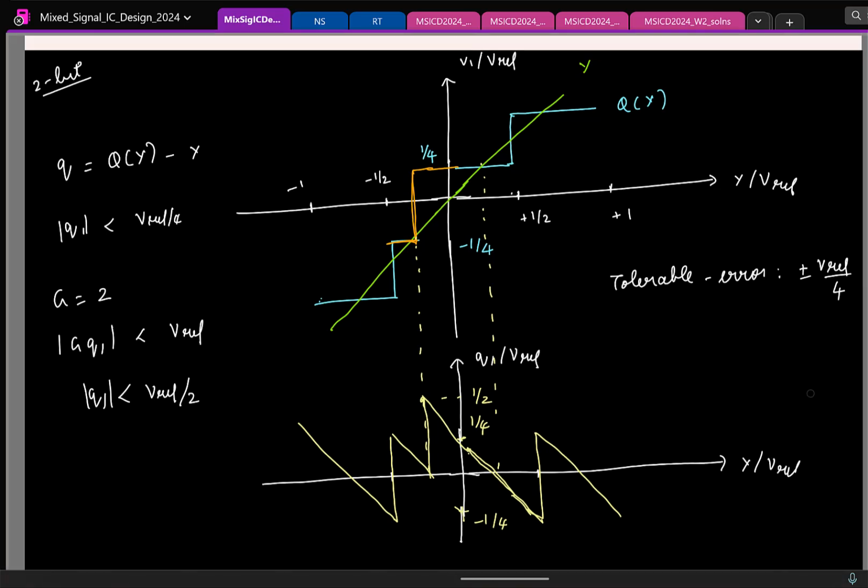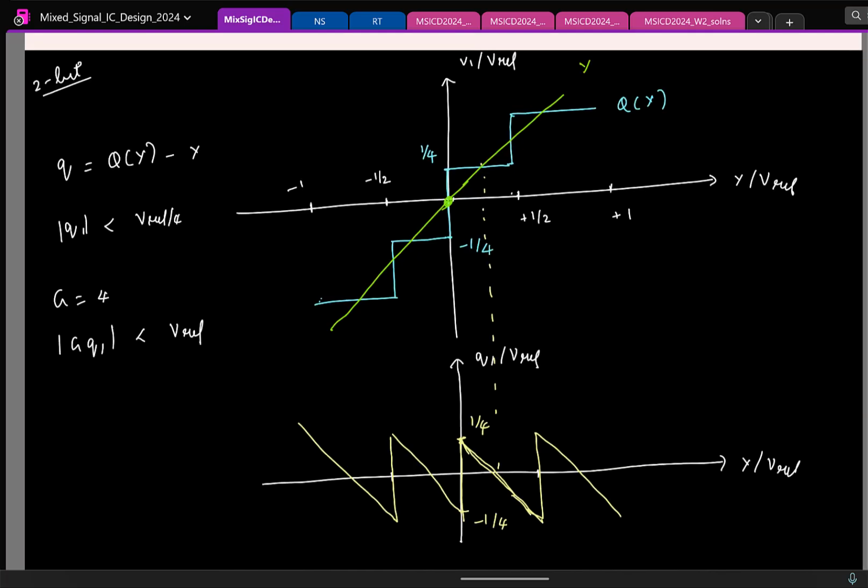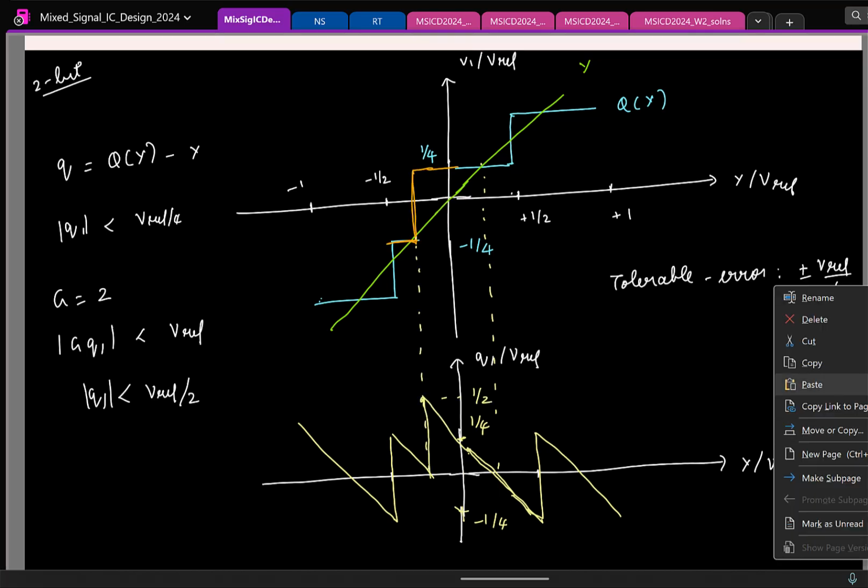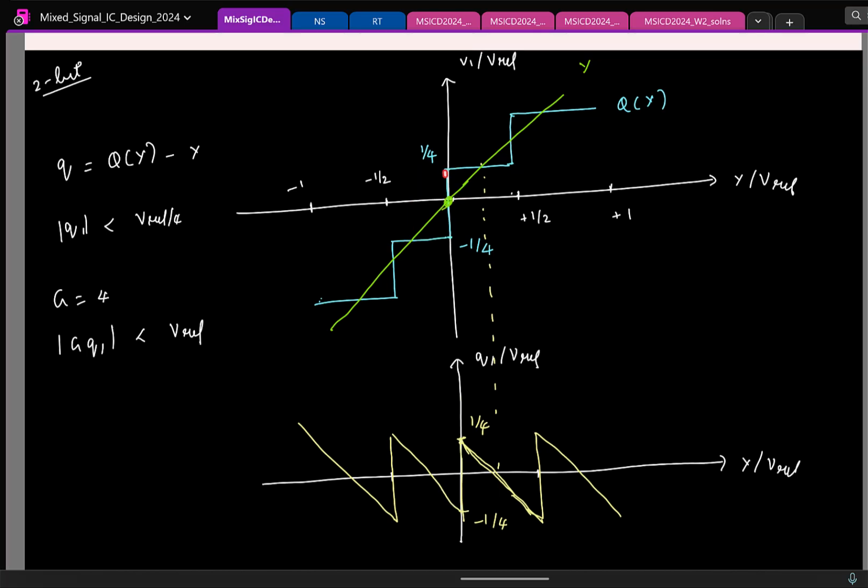So now let's restate what we observed. Maybe I'll take the ideal quantization characteristic. I know that this level, even if it goes to the left by 1/4, I am fine.